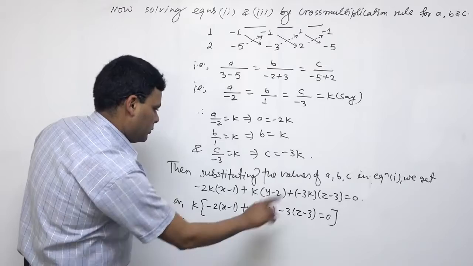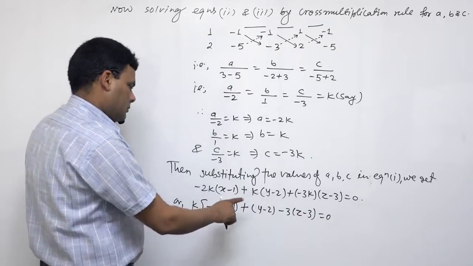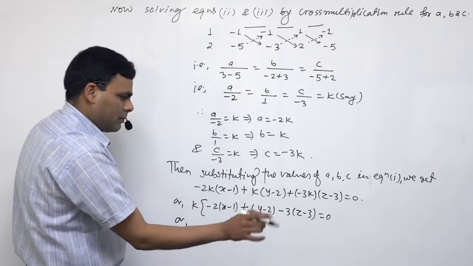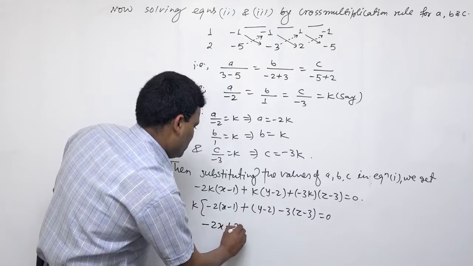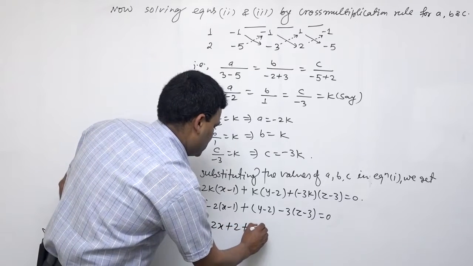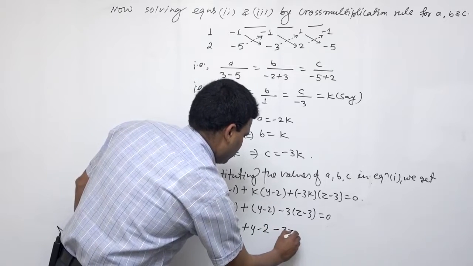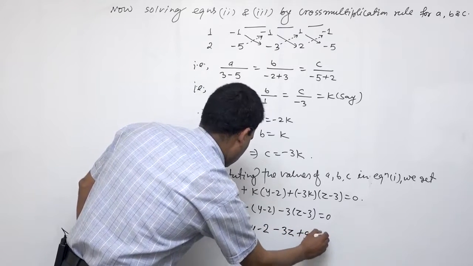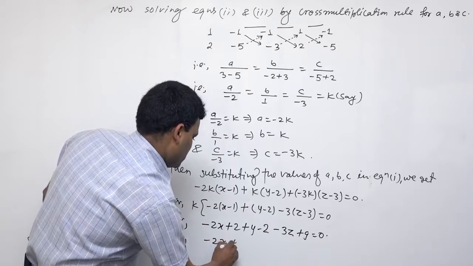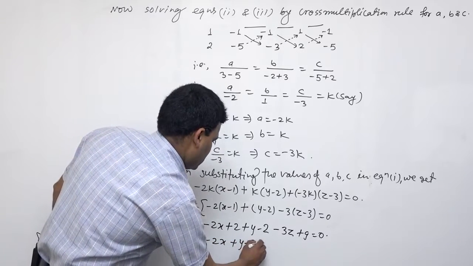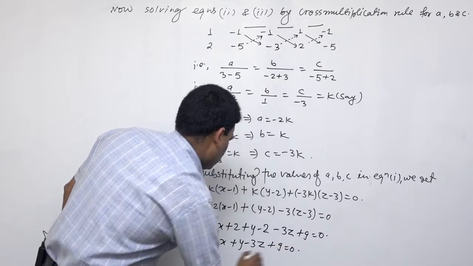After k is found, it becomes 0. And here minus 2x plus 2 plus y minus 2 minus 3z plus 9 equals to 0, or minus 2x plus y minus 3z plus 9 equals to 0.